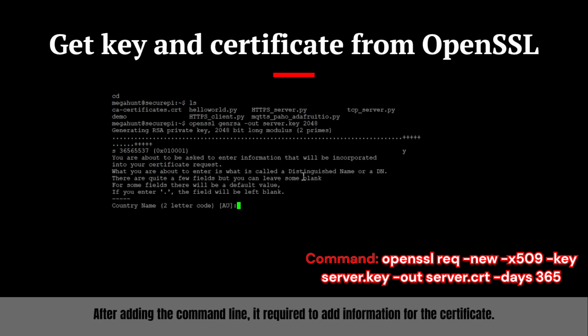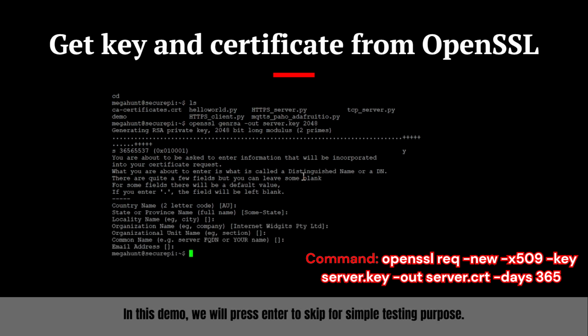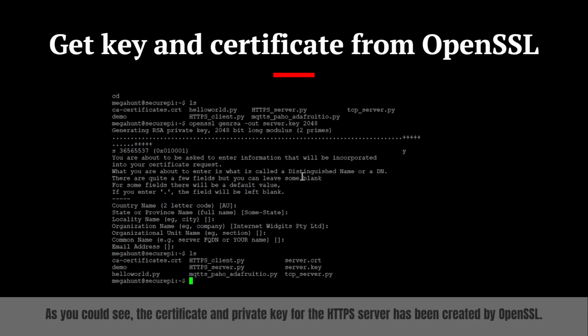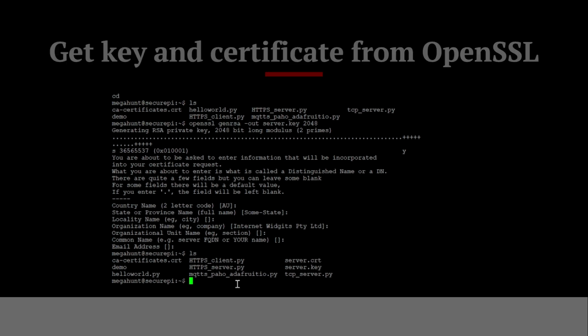After adding the command line, it requires adding information for the certificate. In this demo, we will press enter to skip for simple testing purposes. As you can see, the certificate and private key for the HTTPS server have been created by OpenSSL.